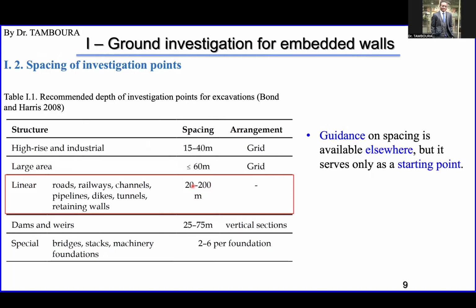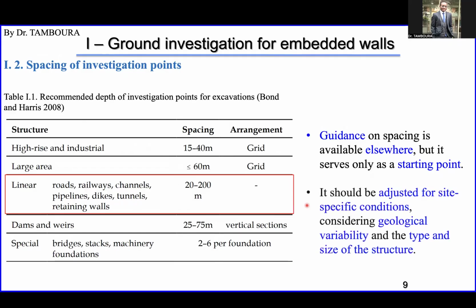So it depends also on the budget and the project. Okay, but these are just some orientation examples. You might have other guidelines somewhere else. These are just a starting point.